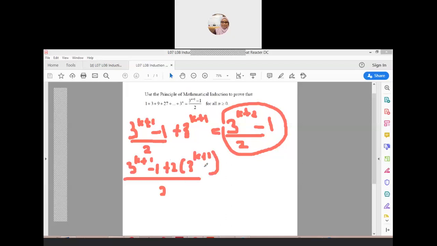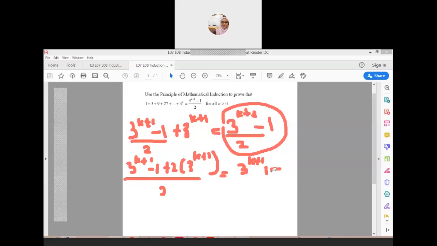Okey, so now daripada sini, ini akan jadi apa? Macam mana kita nak selesaikannya? Okey, so kita boleh rearrange this equation become 3k tambah 1 tolak 1.